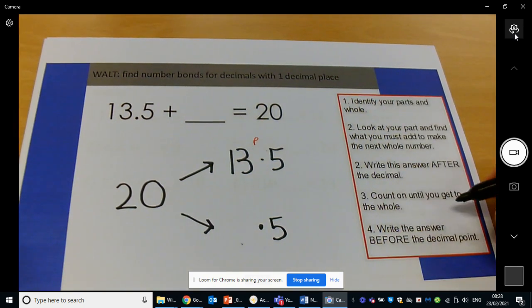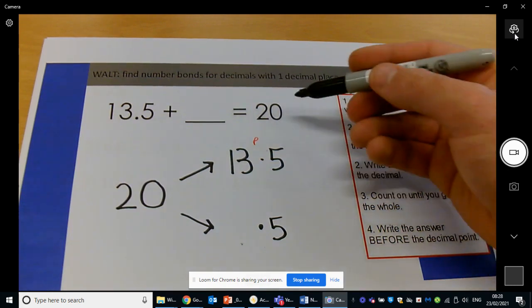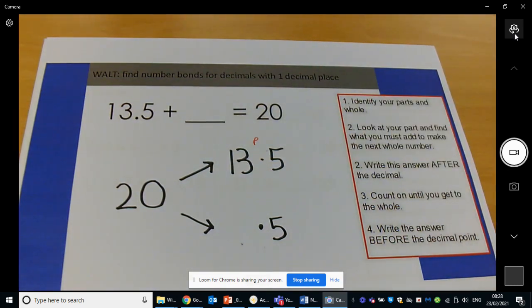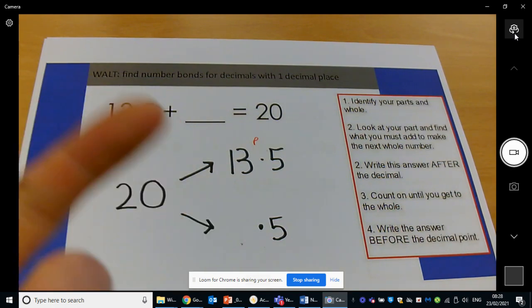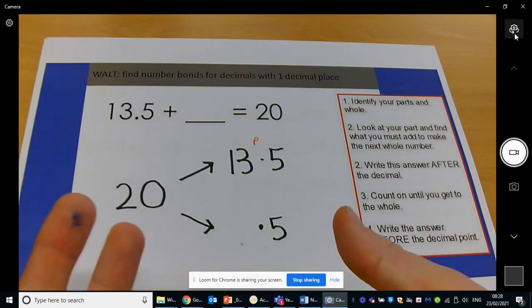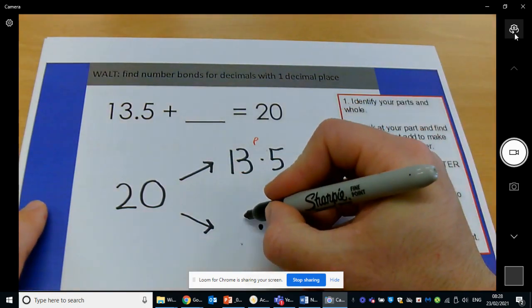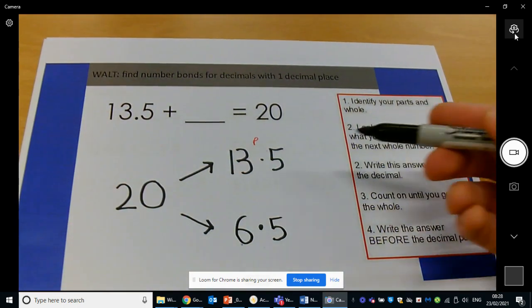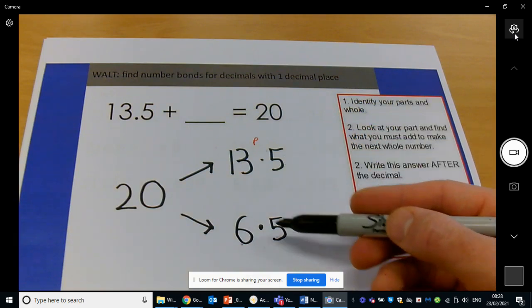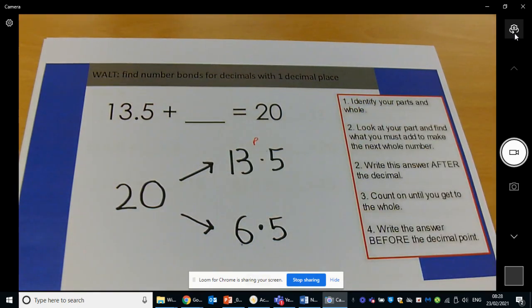Next thing that we do, count on until we get to the whole. So we're on 14, we need to get to 20. Well, if I count up 14, 15, 16, 17, 18, 19, 20. So that is 6. And that answer goes before the decimal. So I know that 13.5 plus 6.5 equals 20.